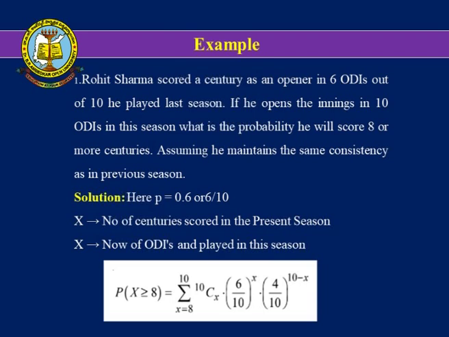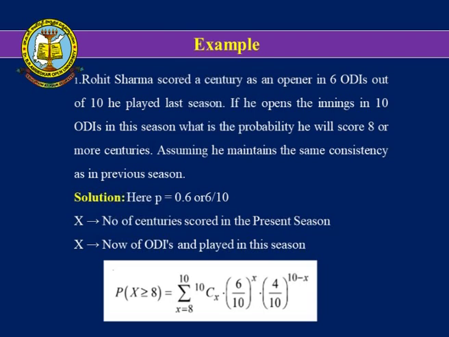So here we have to see the probability and the number of games he played, which is also important. In this problem, what is p here? 0.6. Why 0.6? He scored a century as opener in 6 ODIs out of 10 played. So the total games he played is 10 and he scored in 6.